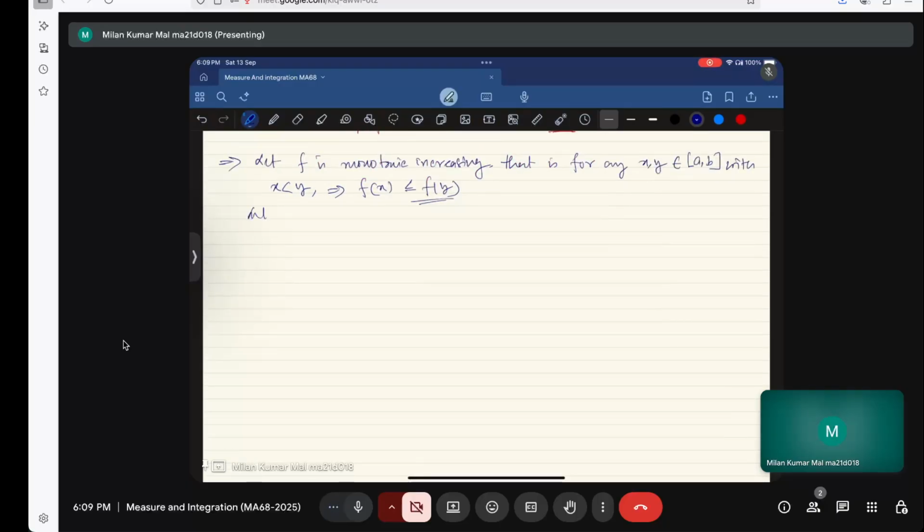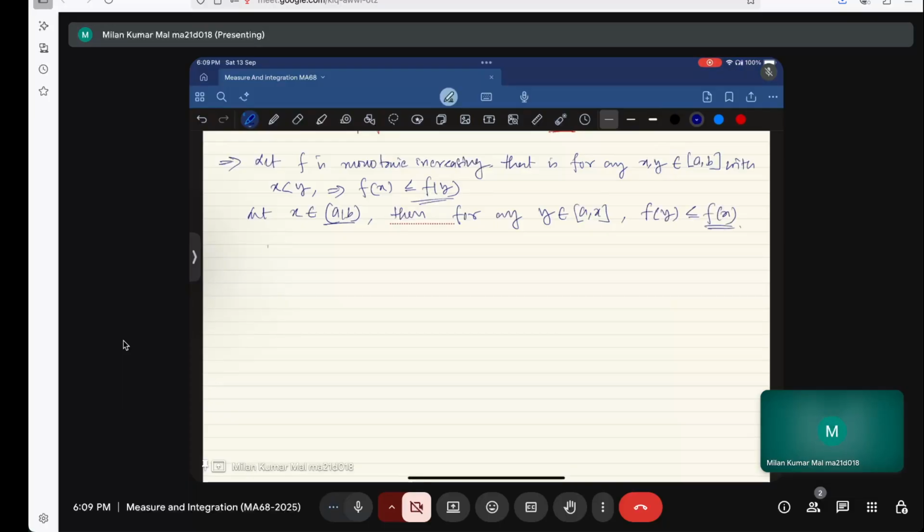Let x be a point in the interval. Then note that for any y belonging to the closed interval [a, x], f(y) is less than or equal to f(x).